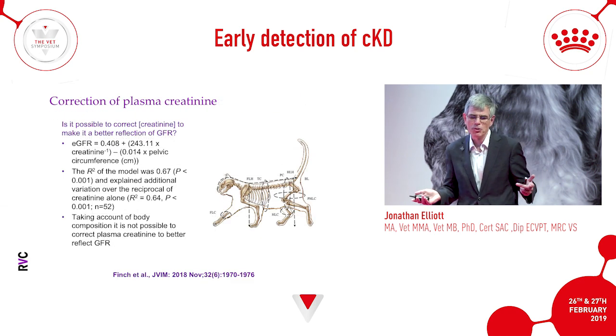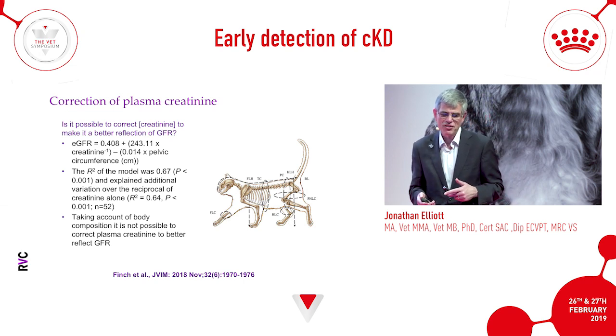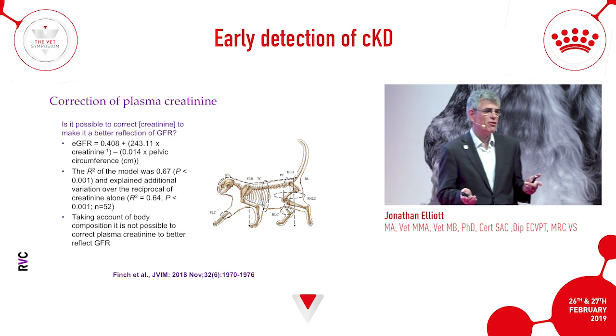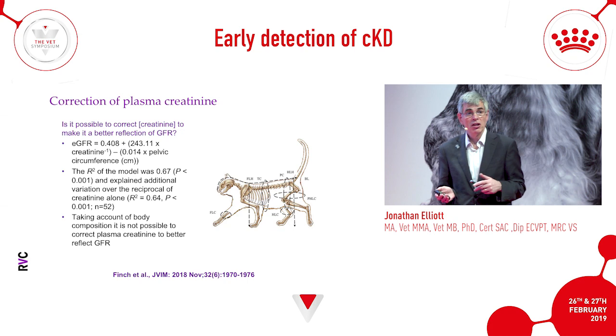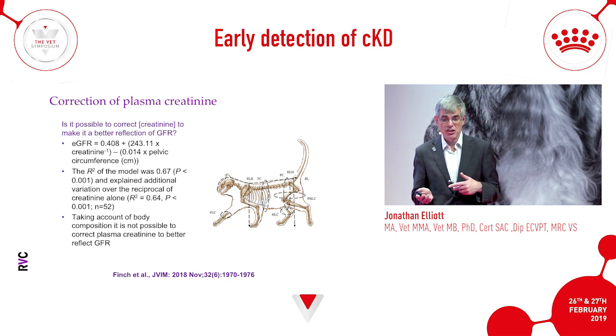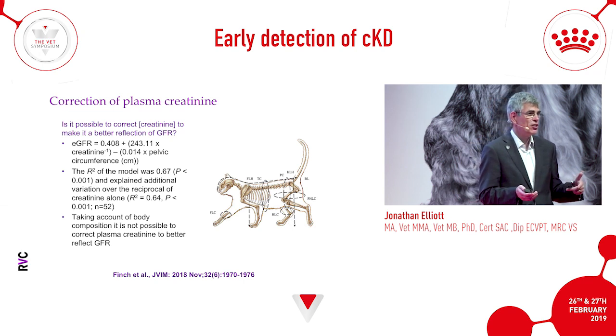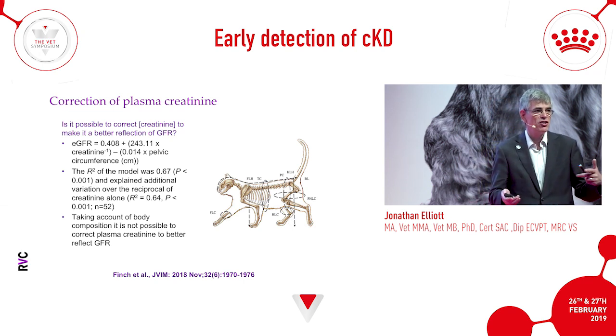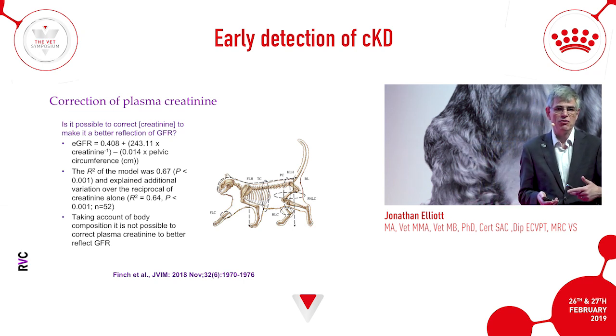So is it possible to correct creatinine to make it a better reflection of glomerular filtration rate? Well, Natalie Finch in her PhD studies tried very hard to do this and looked at all sorts of morphometric measurements to see if they would influence the relationship between creatinine and glomerular filtration rate such that we could produce a better relationship, correct the creatinine to better reflect the glomerular filtration rate.